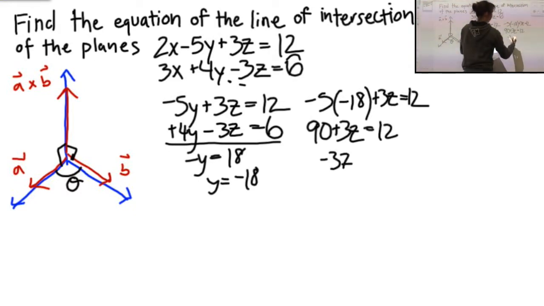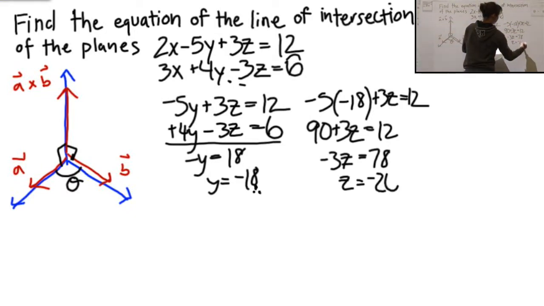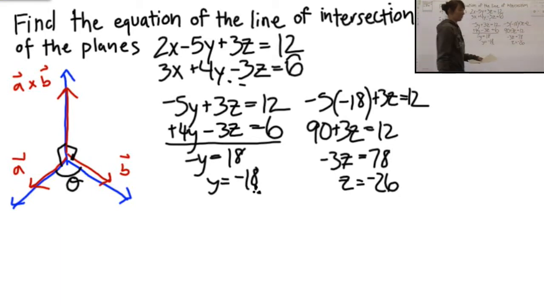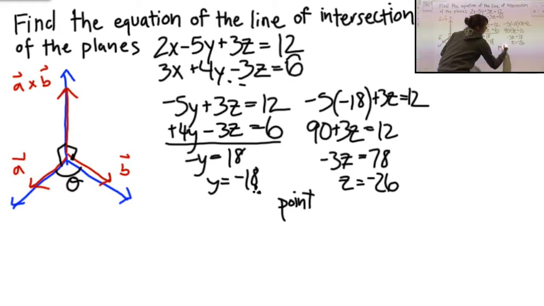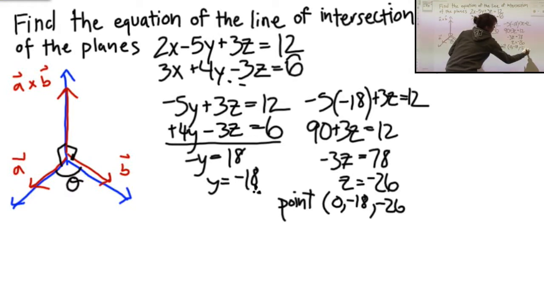So negative 3z is equal to 78, and so z is going to be equal to negative 26. So now, putting all those three together, we end up with our point that we know both of the planes are on. And we have x is 0, y is negative 18, and z is negative 26.